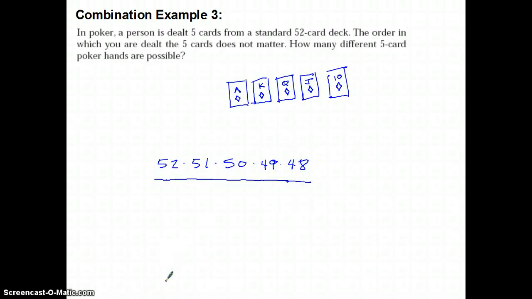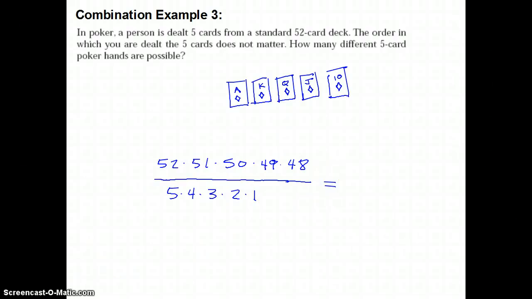And since we're looking at a combination, we need to divide by the number of ways in which we can arrange 5 cards, which represents 5 times 4 times 3 times 2 times 1.